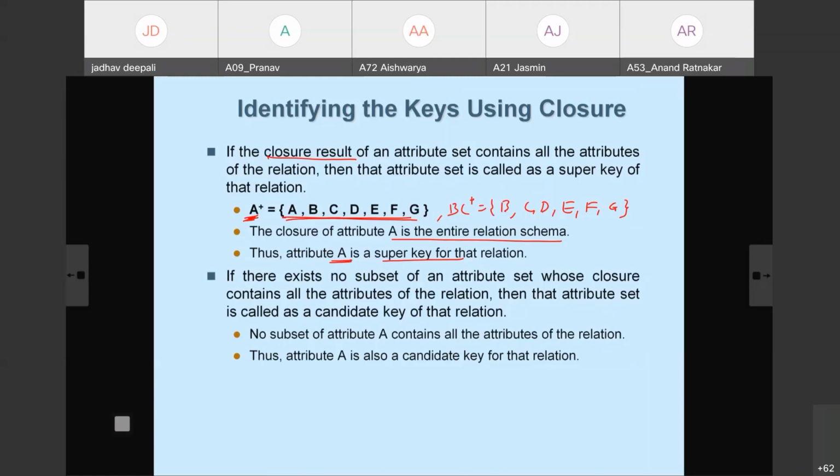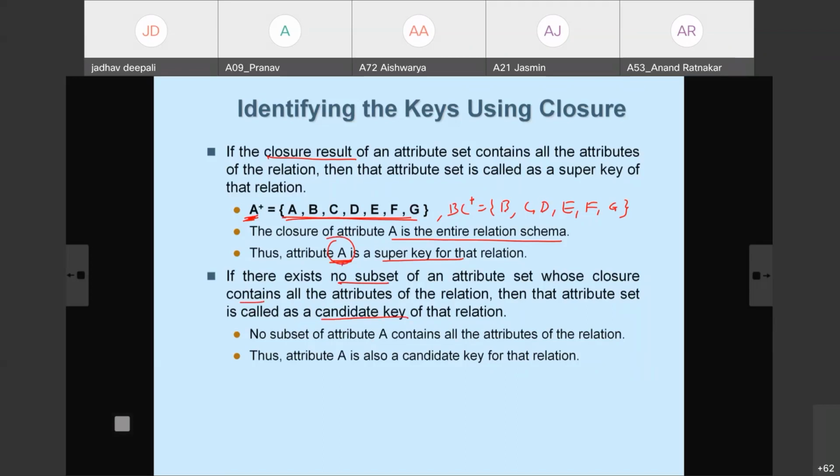Now the next one. If there exists no subset of an attribute set whose closure contains all the attributes of the relation, then that attribute set is called a candidate key of the relation. So, no subset of this super key. Can we make a subset? No. A is a single attribute, we cannot divide.